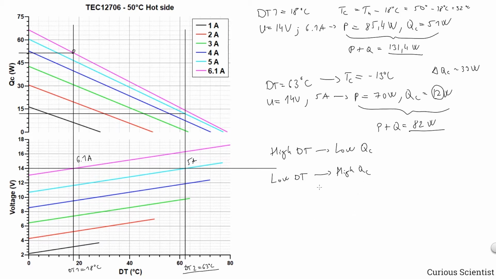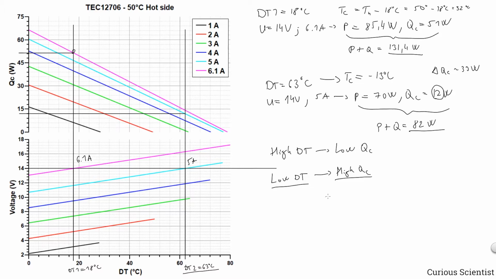So here is where you should cheat, or not cheat, but use the physics. So if you know that you will want high QC, then that will require low dT. And how can you make a low dT? Well, you have to maintain already cold temperatures on the hot side.